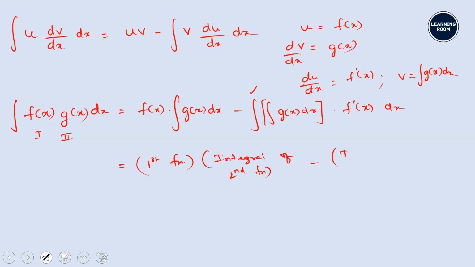One small change I'm going to make here is I will swap the positions, so that it becomes the integral of the derivative of the first function into the integral of the second function.